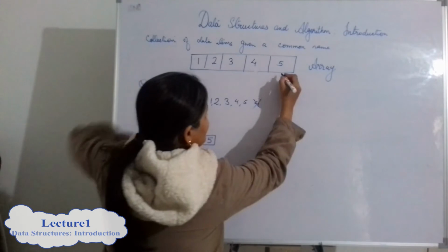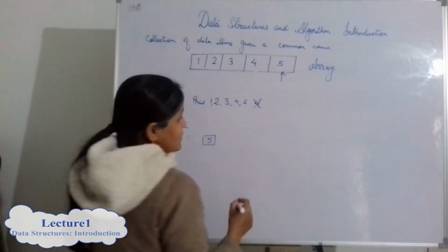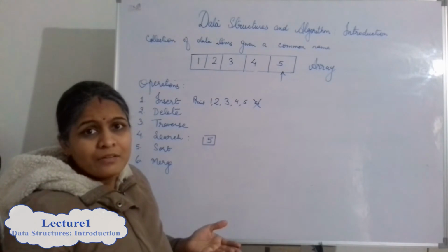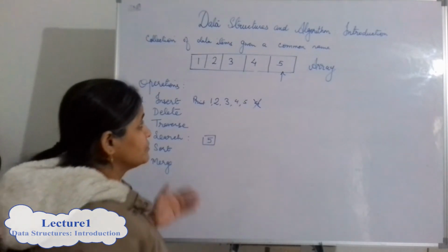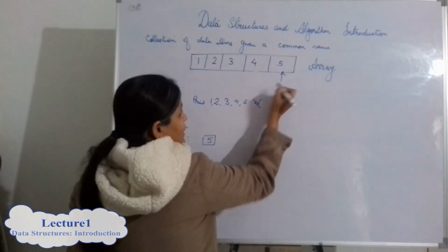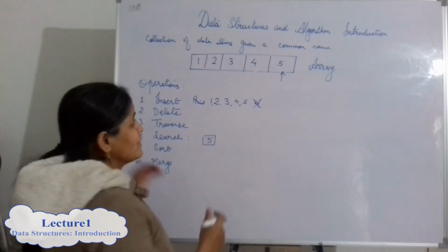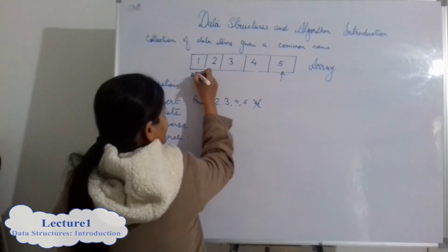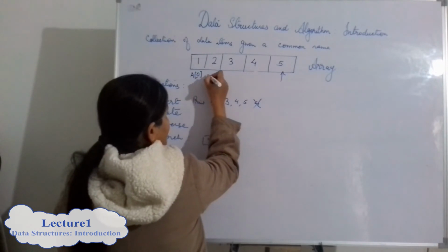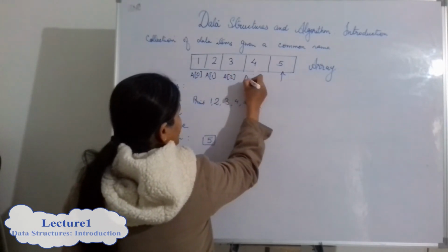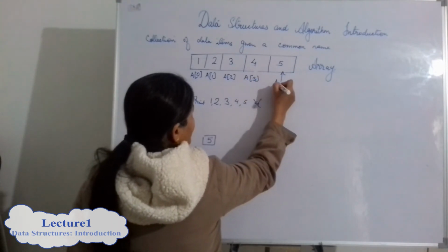Here I will find the element which I would like to search. So I will give the location of this array. For example, if array is named as A, then A0, A1, A2, A3 and A4.